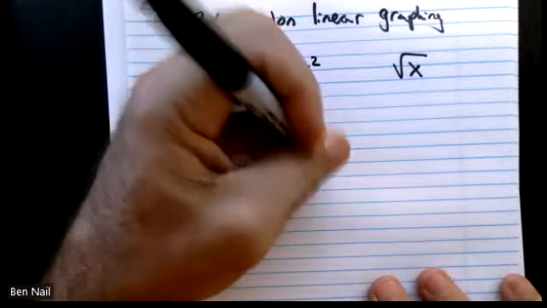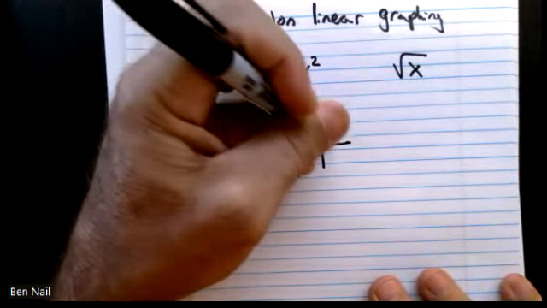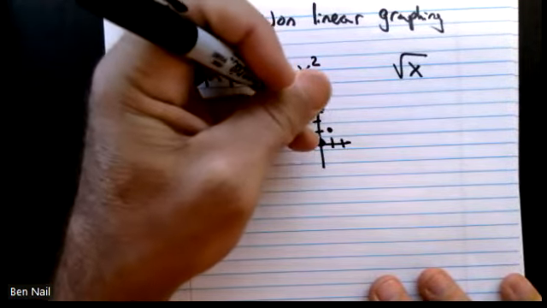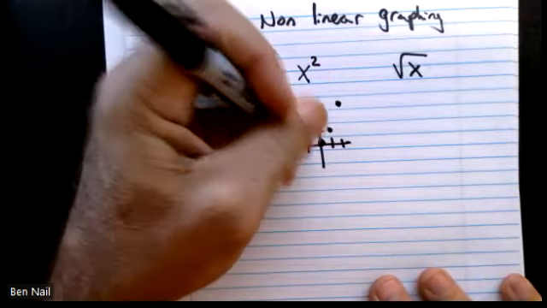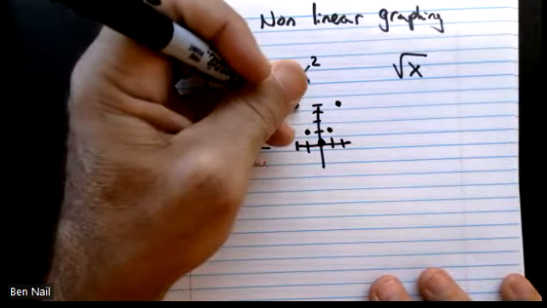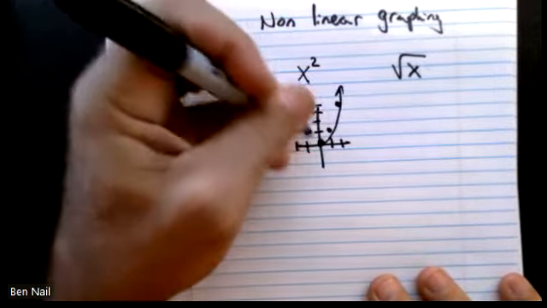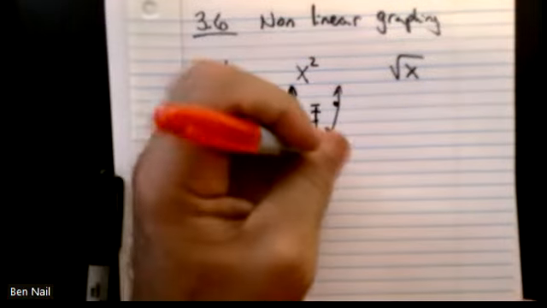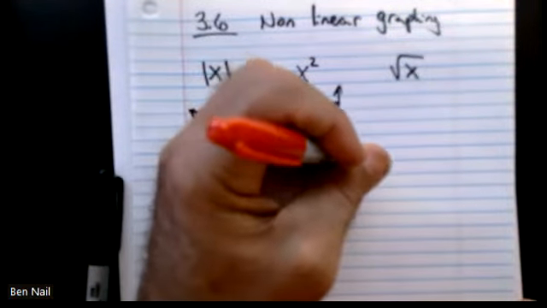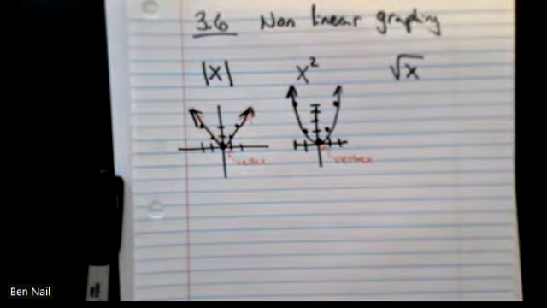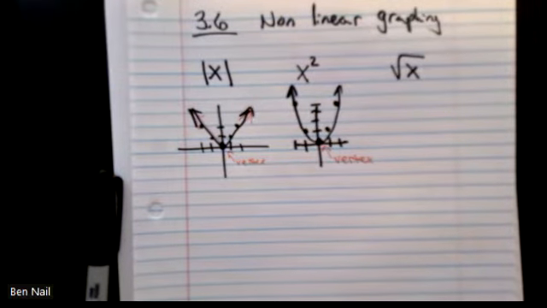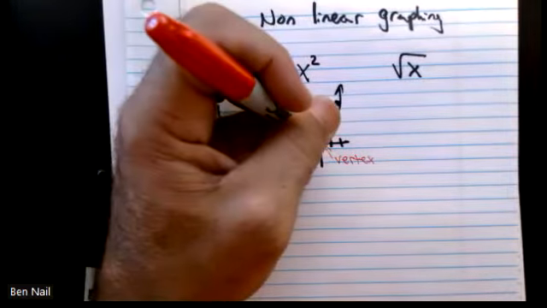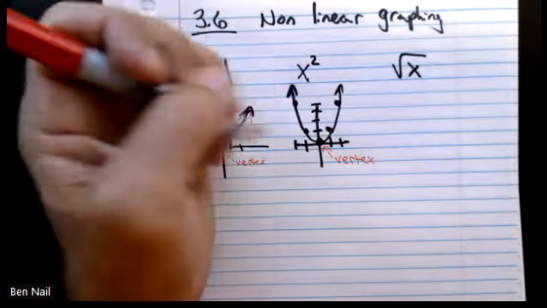X squared graphs, okay, these are parabolas. Kind of a U shape. Okay, again, this point is also referred to as a vertex. And then the next point is going to go up 1 and over 1.